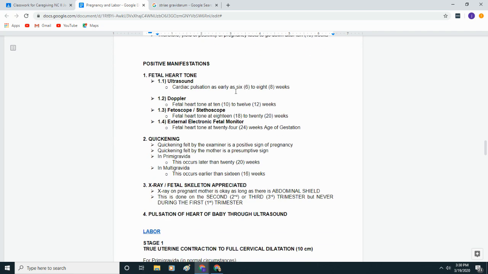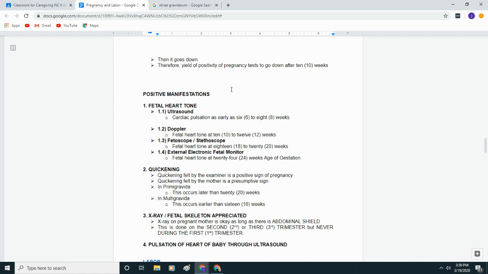So let's go with the positive manifestation. When we say positive manifestation, this is the confirmation that there is already a growing baby inside or growing fetus inside the mother's womb. One is there is a fetal heart tone. So meaning you can already hear the heart tone of the fetus using ultrasound, Doppler.